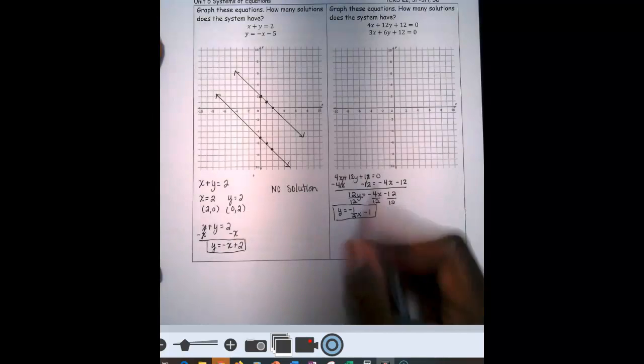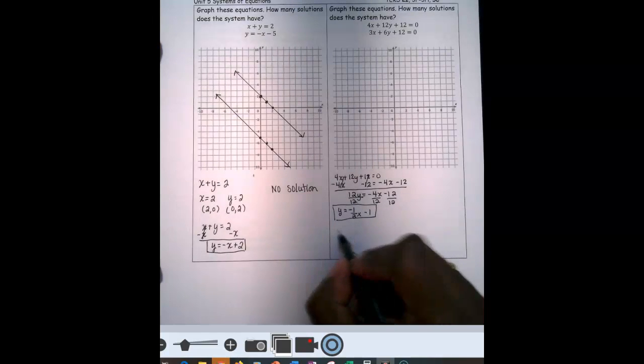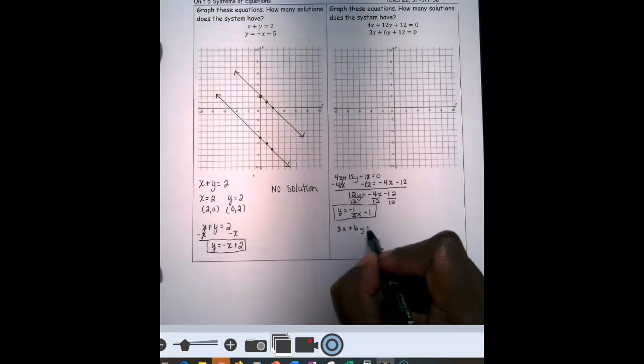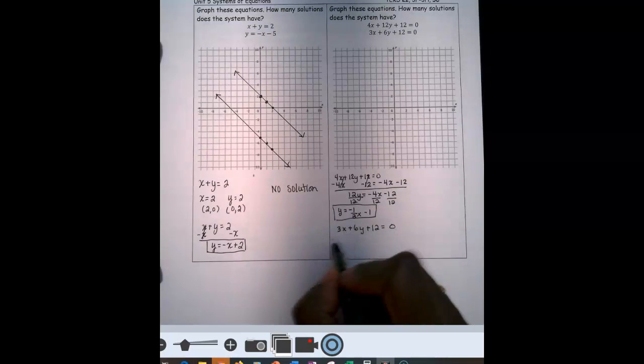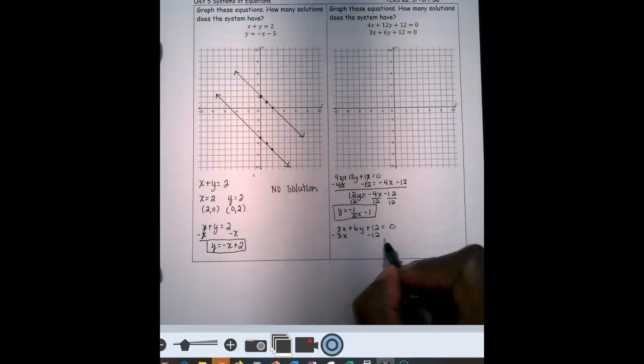And then the other line here is going to be, let's see, we've got 3x plus 6y plus 12 is equal to 0. I'm going to do the same thing. I want y alone, so I'm going to subtract 3x and 12 from both sides of the equation.